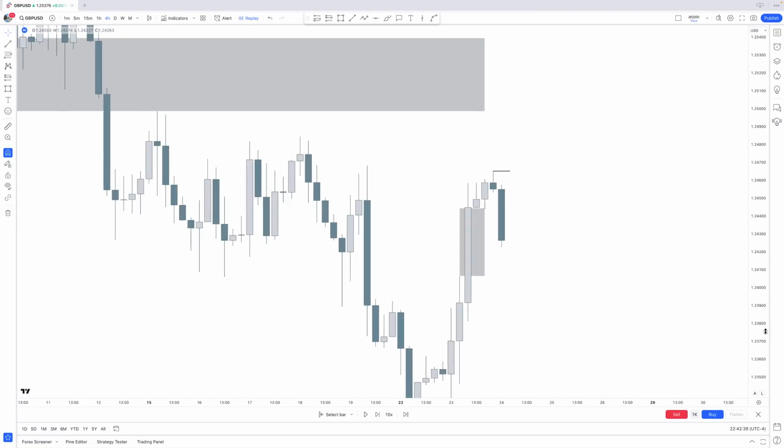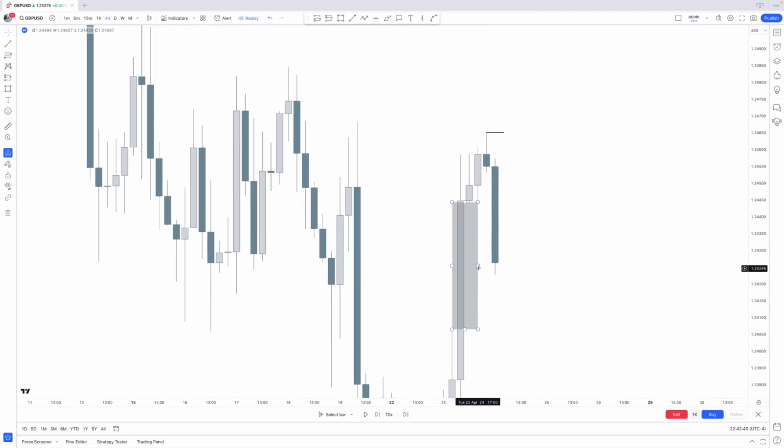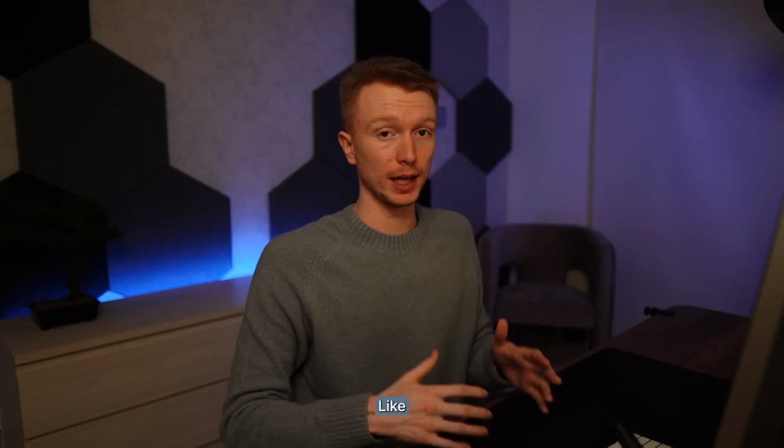Now, why do I ignore this sting into that fair value gap that we already have with that candle right there? It's 5 p.m. New York local time. It's market rollover. If you're not familiar with market rollover, it's essentially where the broker, like it already says in the name, rolls over towards the next day. So the broker can mess around a little bit. The price action is not universally agreed on.